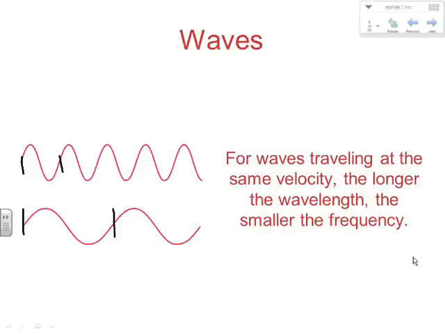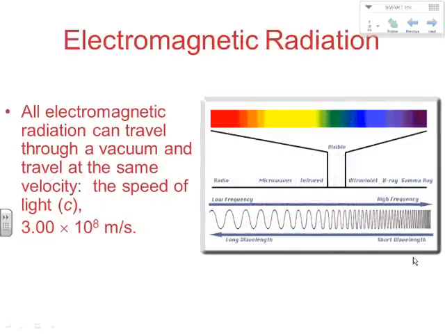So the relationship is the longer the wavelength, the smaller the frequency. The greater the frequency, the smaller the wavelength. So between these two waves here, you can see that visual relationship. So fundamentally, the wavelength and the frequency of a wave are inversely proportional to each other. When one gets bigger, the other gets smaller.